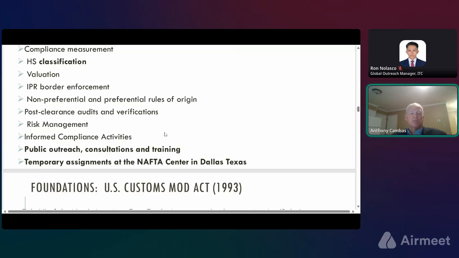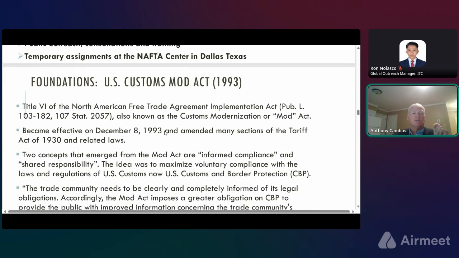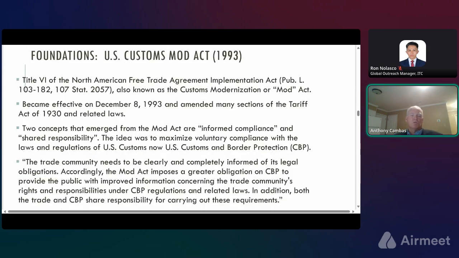And then my assignments at the NAFTA Center in Dallas, Texas. So back in the early to mid 90s, when I was at the NAFTA Center, which was formed when the trade agreement passed to be a center for disseminating information on NAFTA and how to comply with it. That's kind of prior to the internet being as common as it is today.